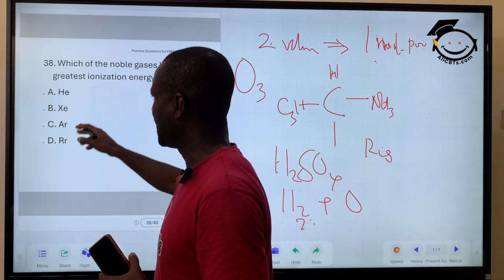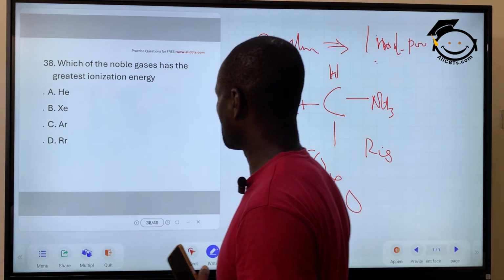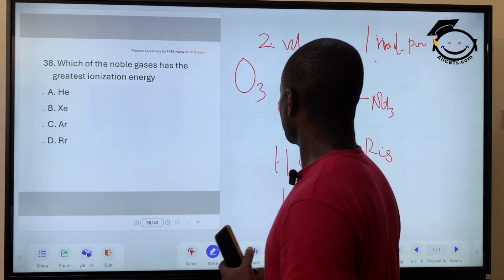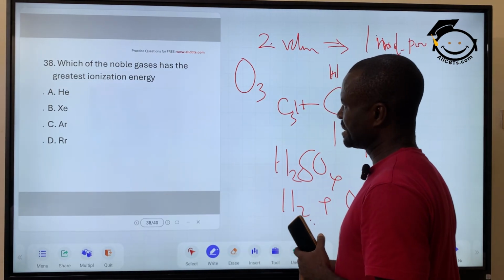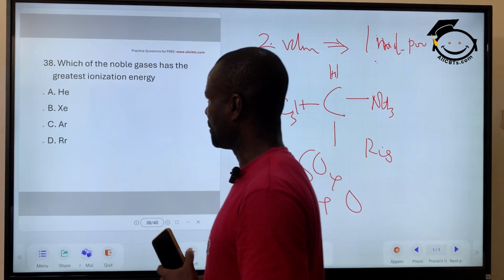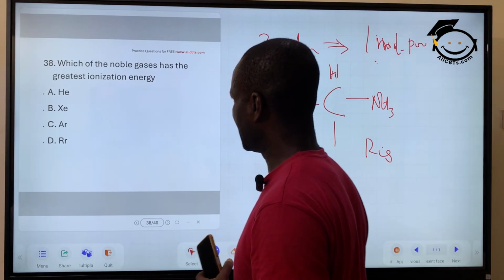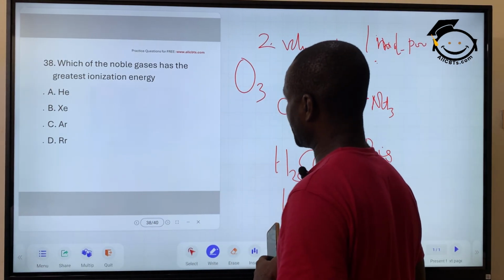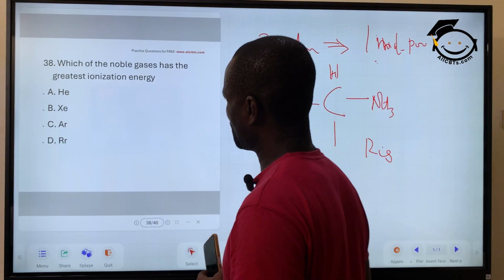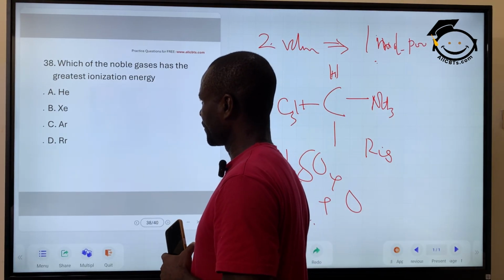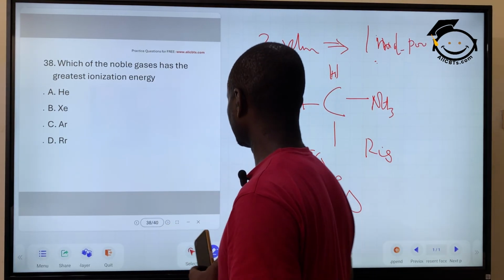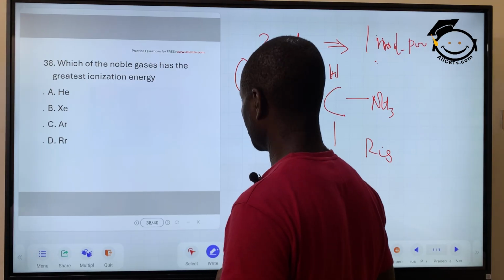Of all these elements, helium happens to be the smallest. So the correct answer is A, helium. Helium, best option.